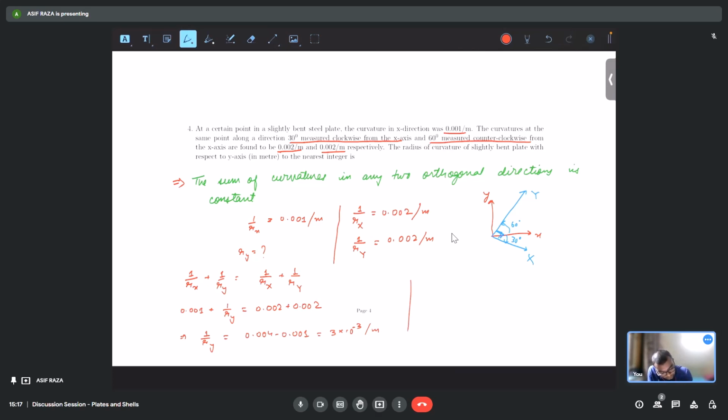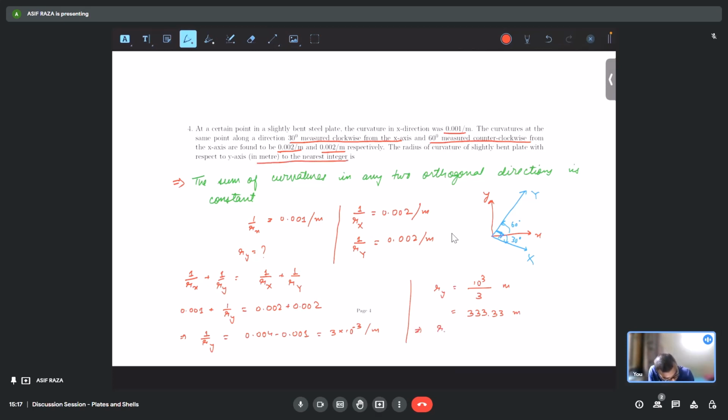This gives us Ry is 10 power 3 upon 3 meter. So this will be equal to 333.33 meter. According to the question, you have to round it off to the nearest integer.